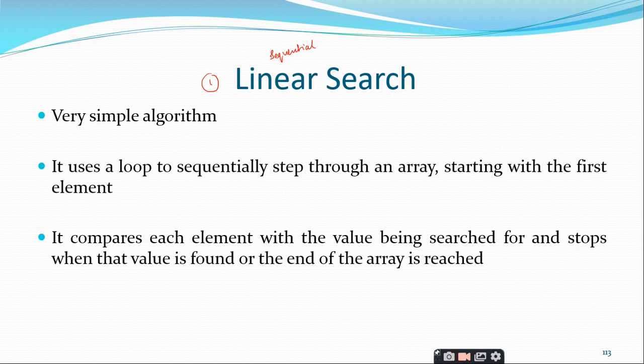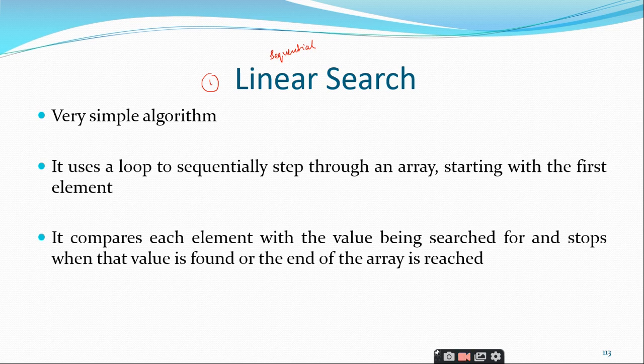Coming to this linear search, it is a very simple search algorithm, where you will consider a list of elements taken inside an array, and then you will start searching for the search element from the first element. You compare the search element with the first element. If they are matching, you just return a message saying that the element is found.